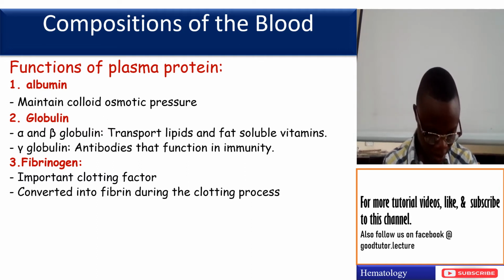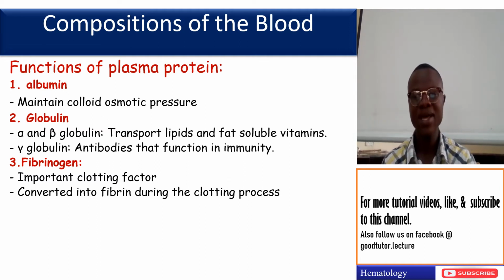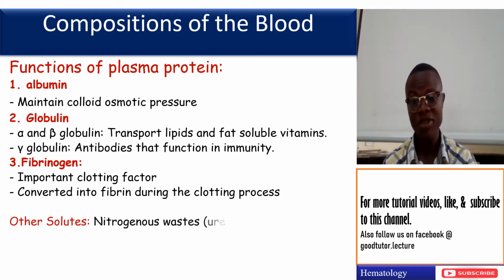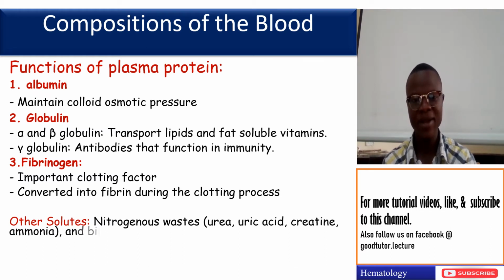With that done, let us look at other solutes that are present within the blood. Other solutes are nitrogenous wastes, usually urea, uric acid, creatinine, and ammonia. Also, the blood contains bilirubin that comes about by the breakdown of our RBCs and so forth.